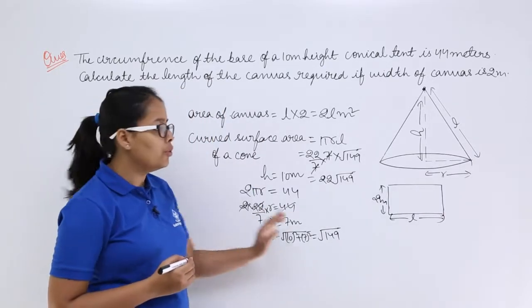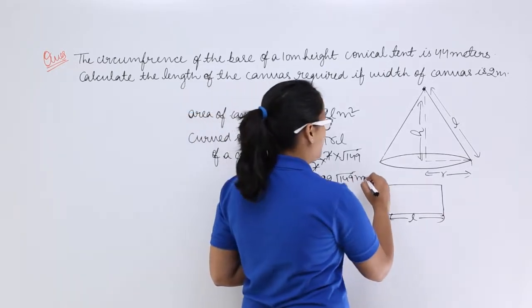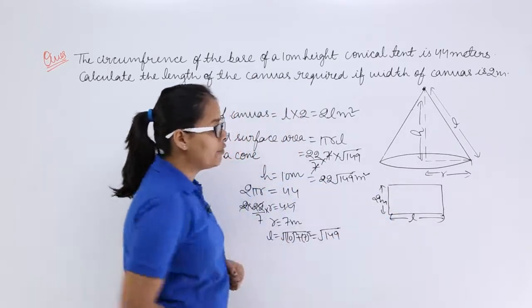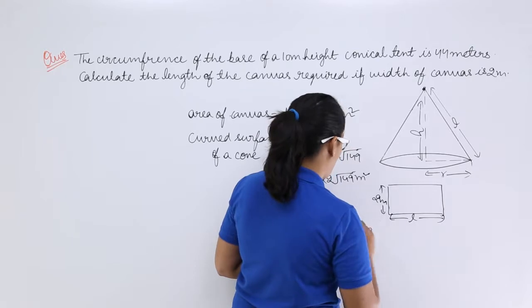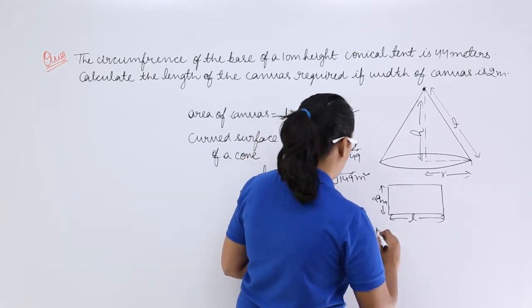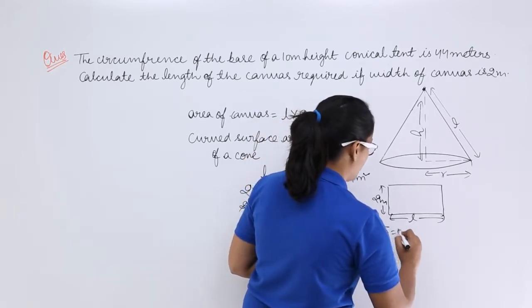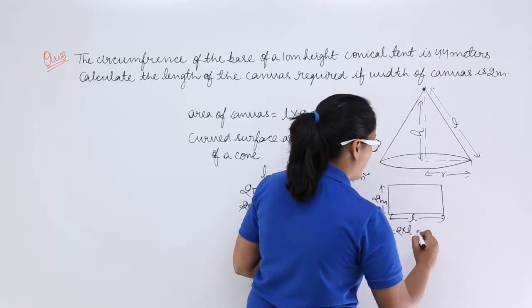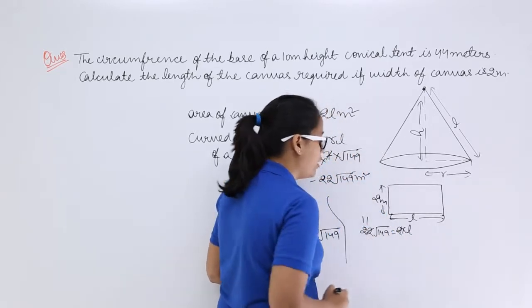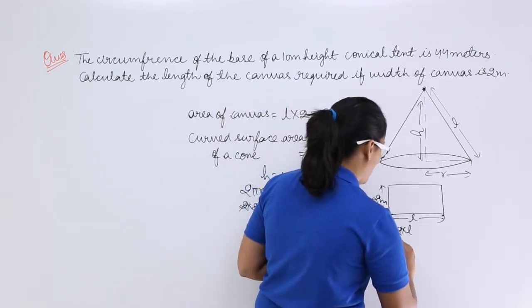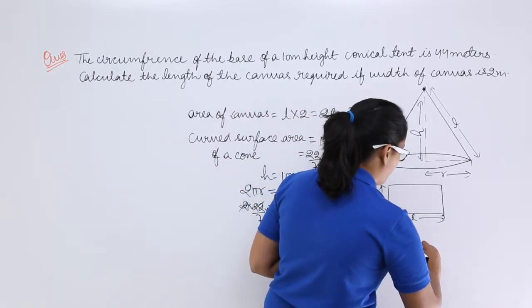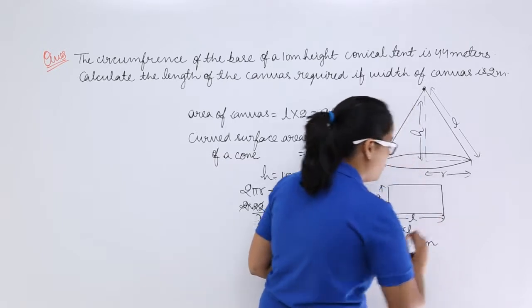After this, you will equate this area, which is in meter square, with the area of this canvas. So you can write here 22 root 149 is equal to 2 into L. When 2 will divide 22, you will get 11, and this length is going to be 11 into root 149, and this will be in meter.